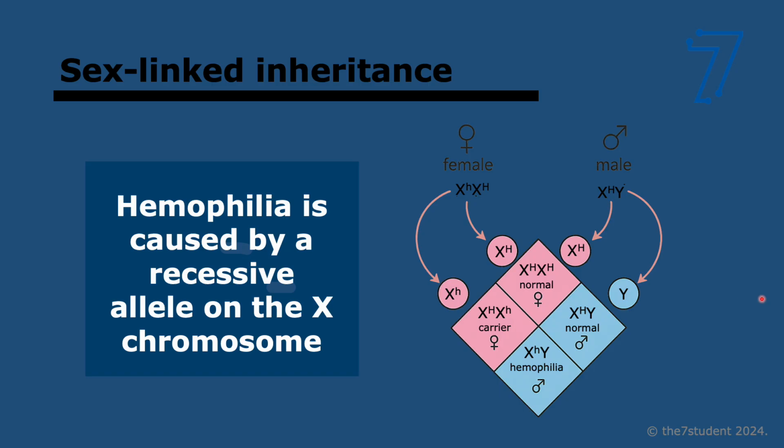Good. So what happens when a gene is normally in the X, okay? It can be in the Y, but that's really rare. So when we talk about sex-linked inheritance, we're normally talking about a gene being in the X chromosome. Okay. Actually, there's a lot of diseases that are sex-linked, meaning they're in the X chromosome. And by the way, they're almost always recessive, okay?